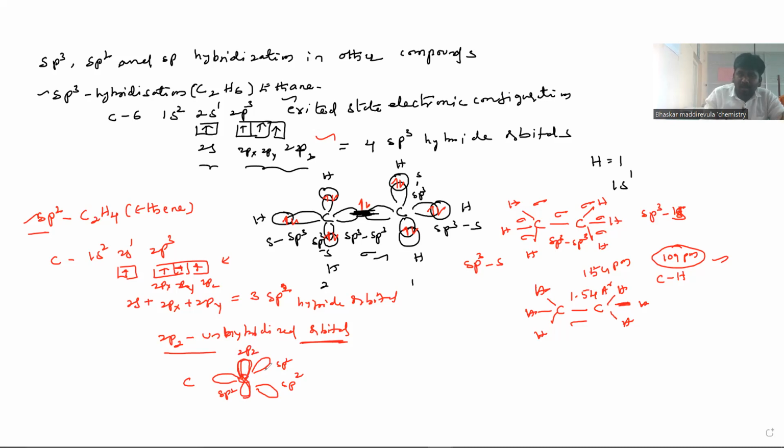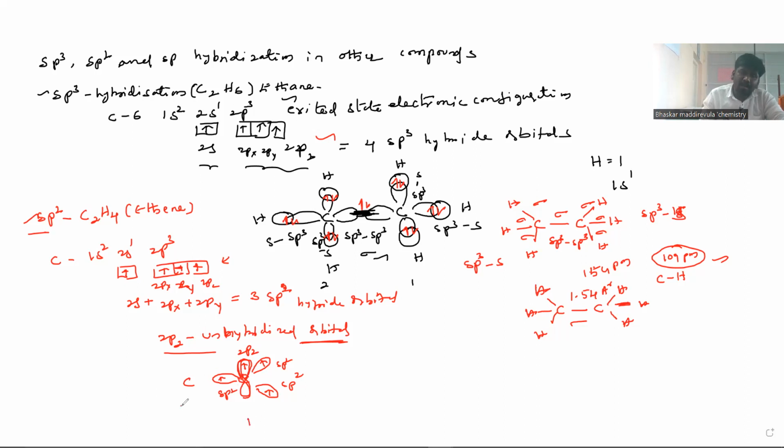In each orbital there is one unpaired electron, in the hybrid orbitals, and at the same time in the unhybridized orbital also there is one unpaired electron. Same here around the second carbon.